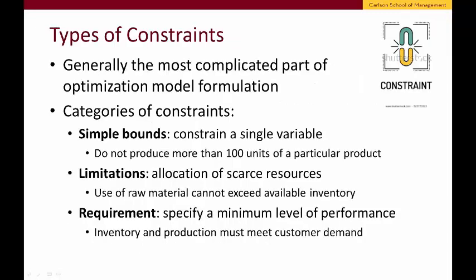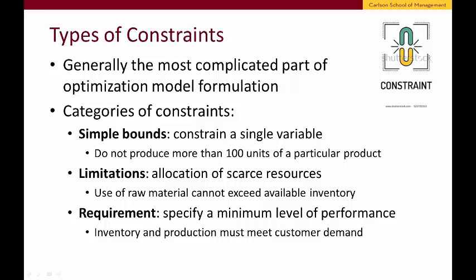We start by discussing the different types of constraints we are likely to encounter in linear optimization models in practice. Generally, formulating the constraints correctly, making sure we don't miss any, and understanding the relationships between them is the most difficult aspect of this process. So, it helps a little bit to understand the 5 different types of linear constraints described in this and the following slide.